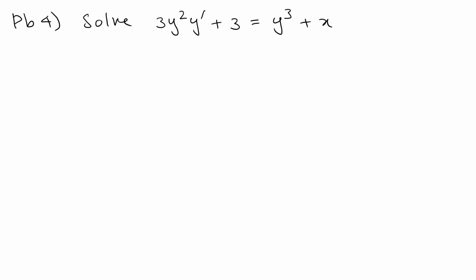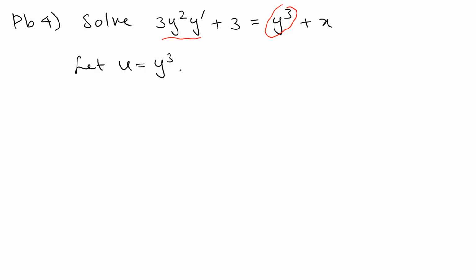So we have 3y squared y prime plus 3 equals y cubed plus x. You see that here we have used a chain rule. Because of that term, what we can do is pick this one as the u for this problem. So let's see how things turn out after that.